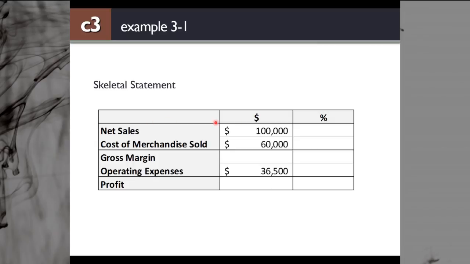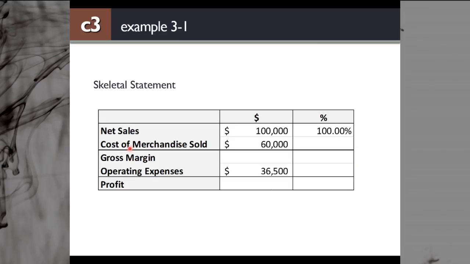And it can be described in dollars or percentages. Starting from the net sales, there's a really important hint. It shows that you have net sales of $100,000, and your net sales will always be 100%. If you know this, it's going to be easy to calculate the other percentages here.